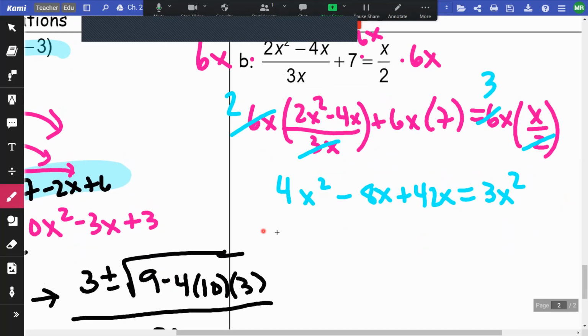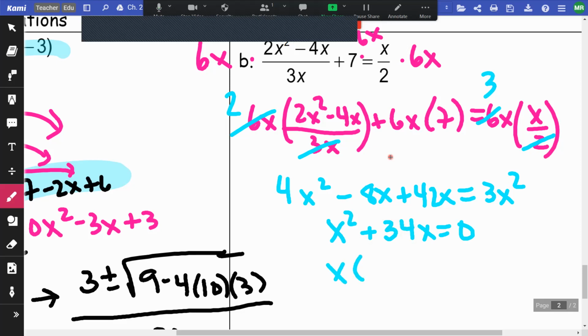So now I'm going to get everything on one side, 0 on the other. So I'm going to subtract 3x squared, so I'm going to get x squared, and my -8x plus 42x is going to be a positive 34x is equal to 0.